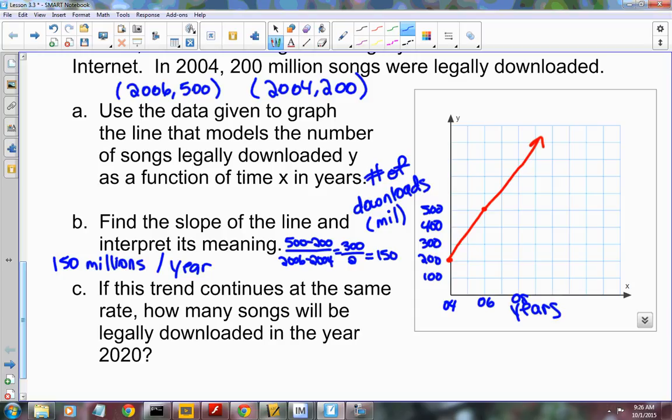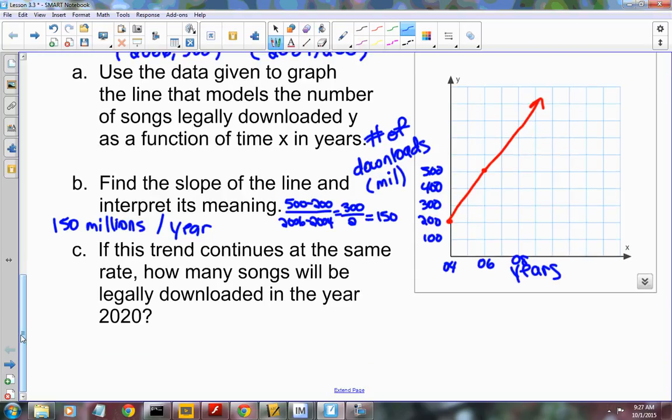Now the next question says, if this trend continues at the same rate, how many songs will be legally downloaded in the year 2020? We're at 2006, and we're at 500 million, correct?